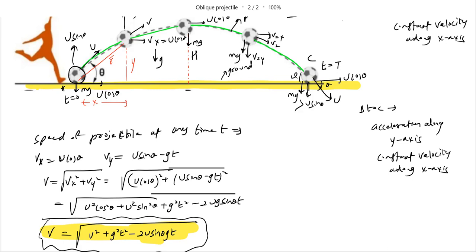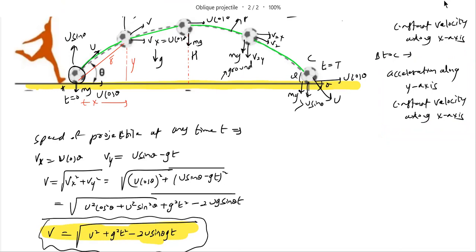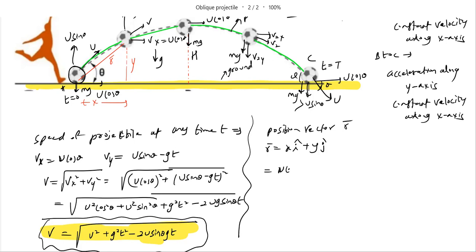The position vector defines the position of the projectile at any time t, which is given by x i cap plus y j cap. What is x equal to? u cos theta into t, and y is u sin theta t minus g t squared by 2. Let me write on this, then I'll explain it.